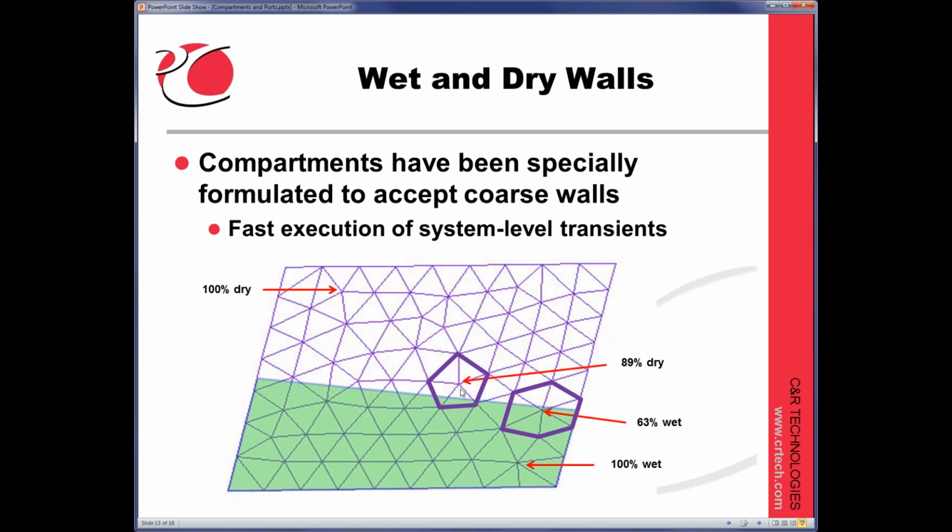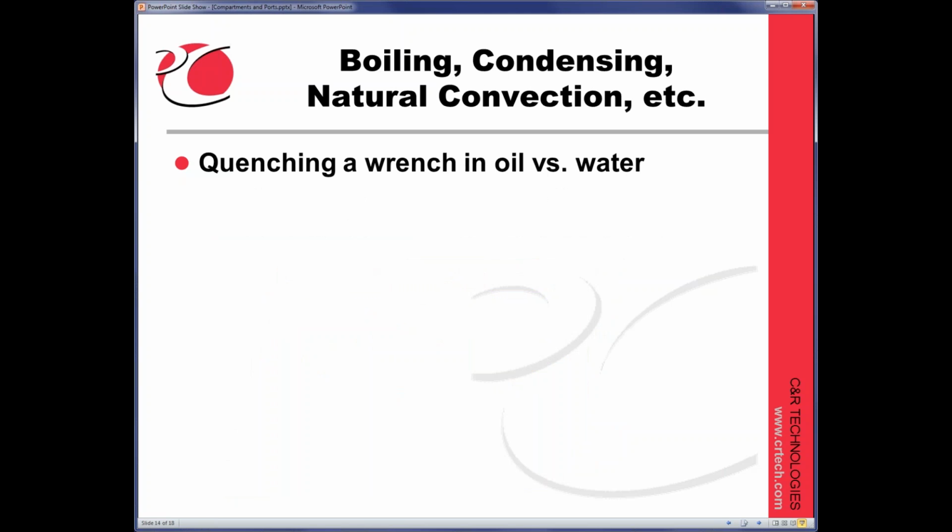This is cheating a little bit because when you analyze this element, it knows that it's kind of far away from the surface, and it knows that this element is essentially 100% dry, this one's partially wet, and so forth. But the point is the code is able to come up with a way to discern the wetness or dryness of each section, with the entire purpose of being able to handle very, very coarse models.